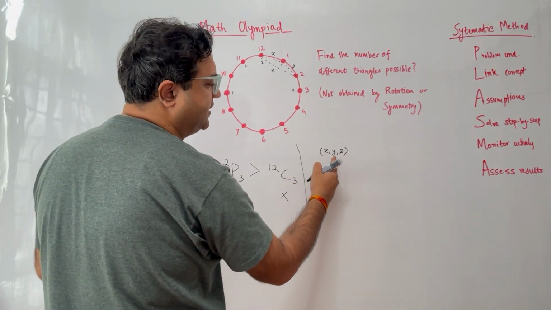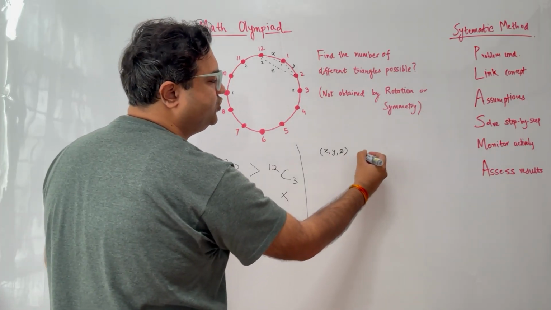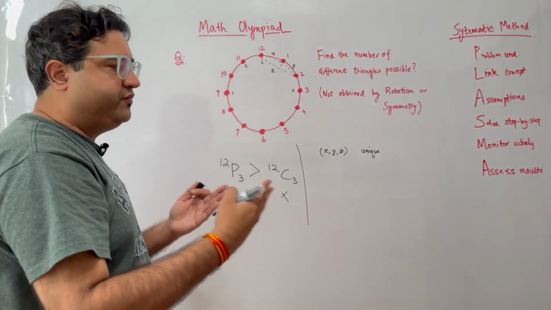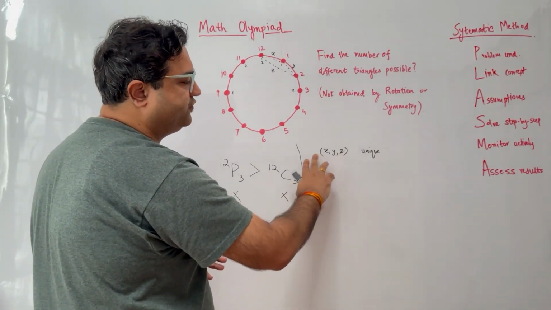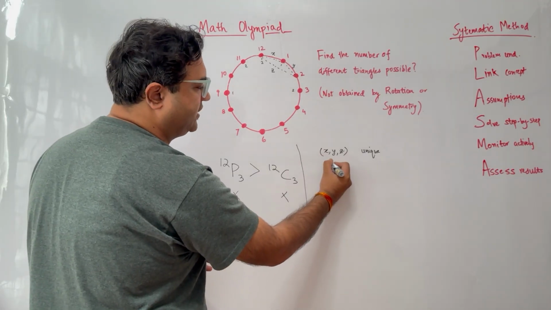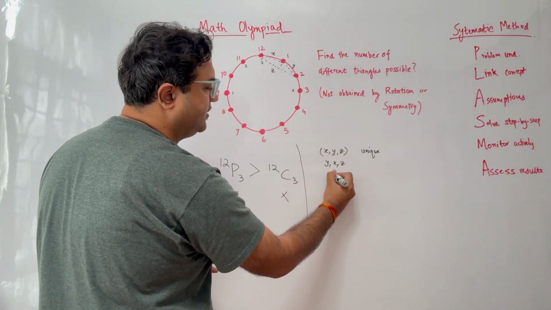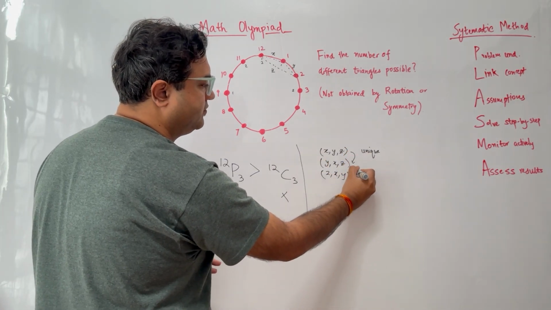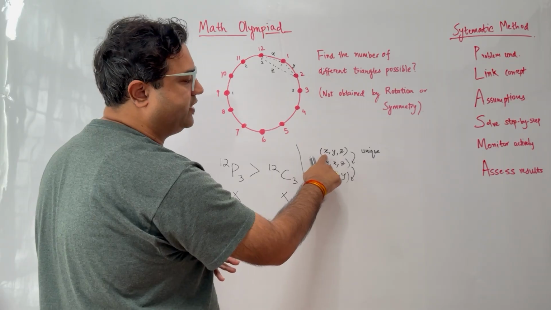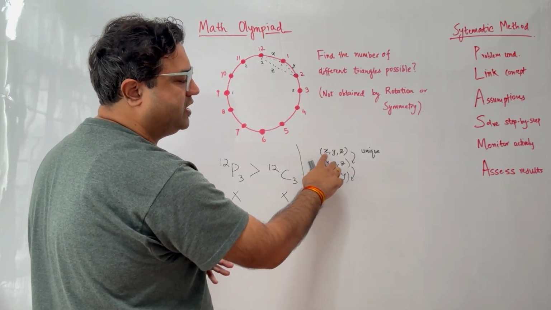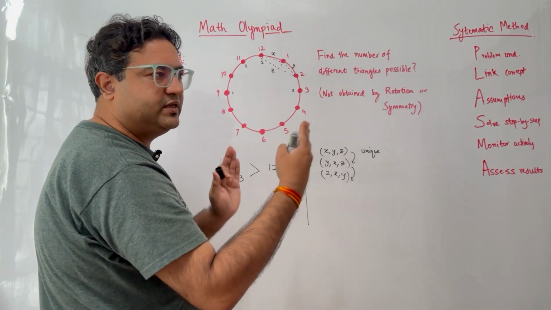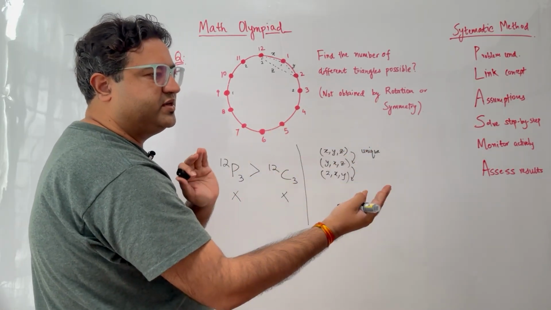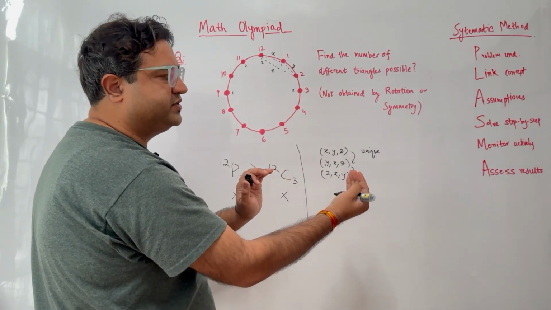So we have to find an x, y, z set which is unique, in a way that when you move them around, x, y, z, y, x, z, z, x, y, they are all the same. Once you have an x number, y number, z number, you cannot move them around. So each individual set becomes a unique set, and even a different arrangement of them is considered the same set.